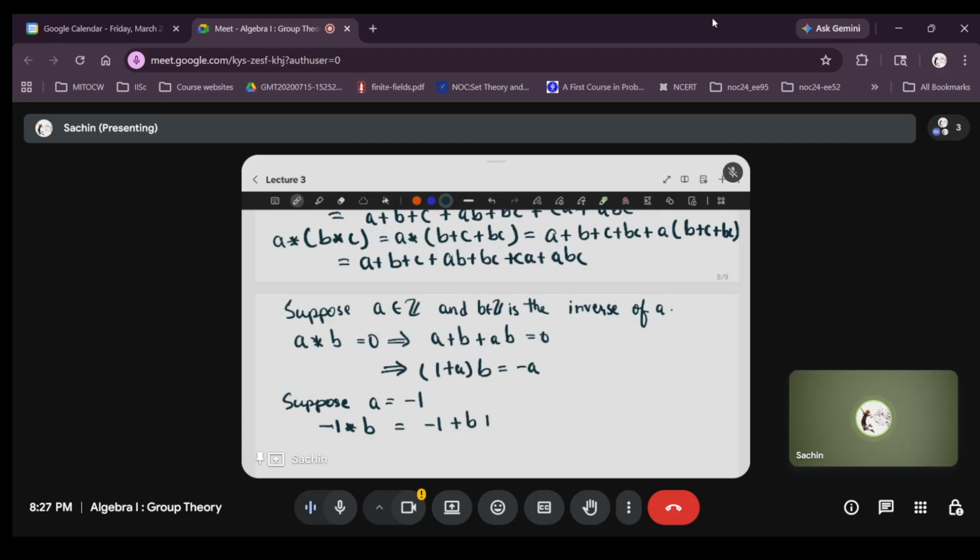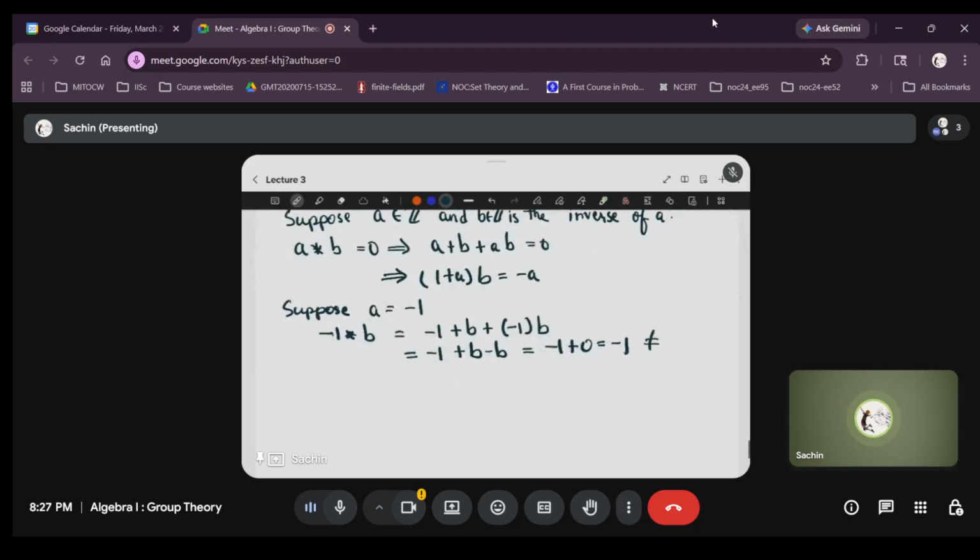Minus 1 plus B plus minus 1 times B, which is minus 1 plus B minus B, which is nothing but minus 1 plus 0, it is minus 1. That is not equal to 0. So minus 1 does not have an inverse directly, right? So Z is not a group under this operation, right? Z comma star.